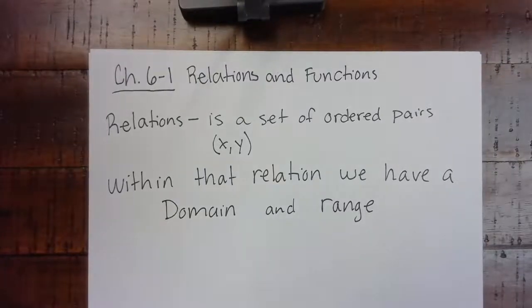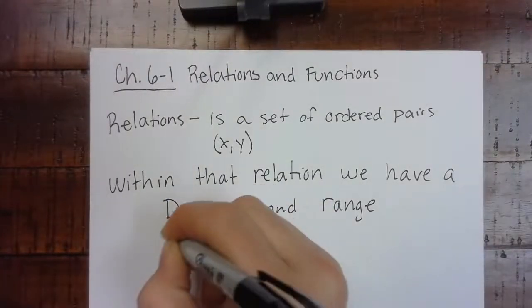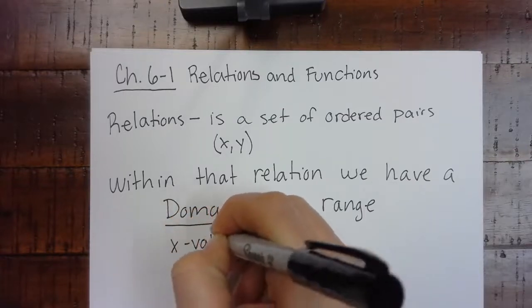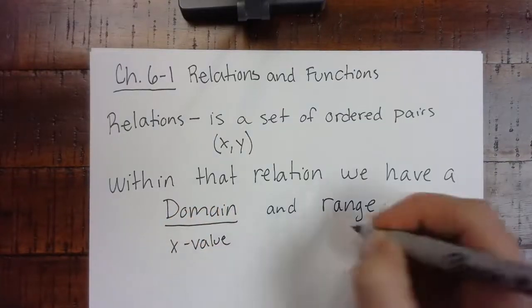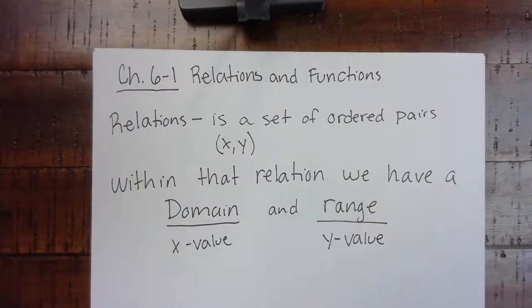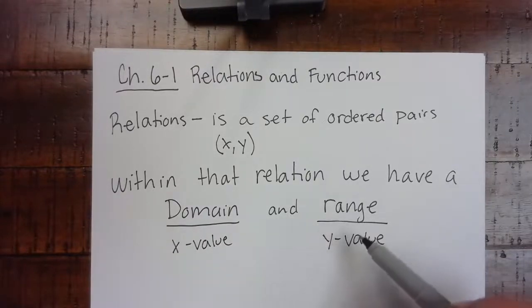Basically, that means that the domain is just considered the x value. That's what domain means. And that means the range is our y value. So in terms of our coordinate pair, x is domain, range is y. Don't ask me why we have different names for it, but we do. So we're just going to have to go by them.